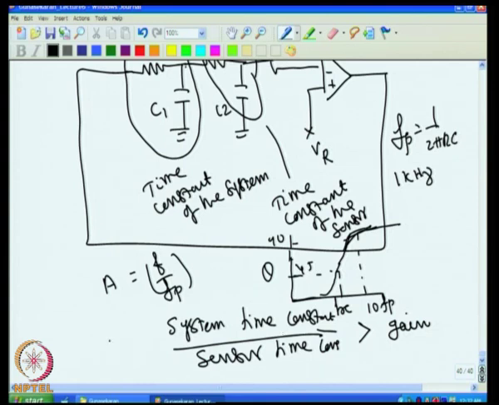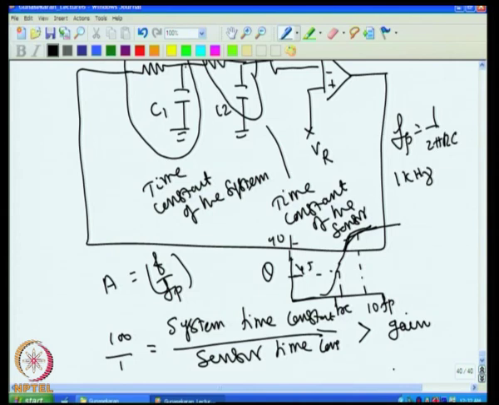For example, if the system time constant is 100 seconds and the sensor time constant is 1 second, then the gain should be less than 100, and then the system will not oscillate. You can work this out and see, because in this case the condition for oscillation will not get satisfied in terms of the loop gain.